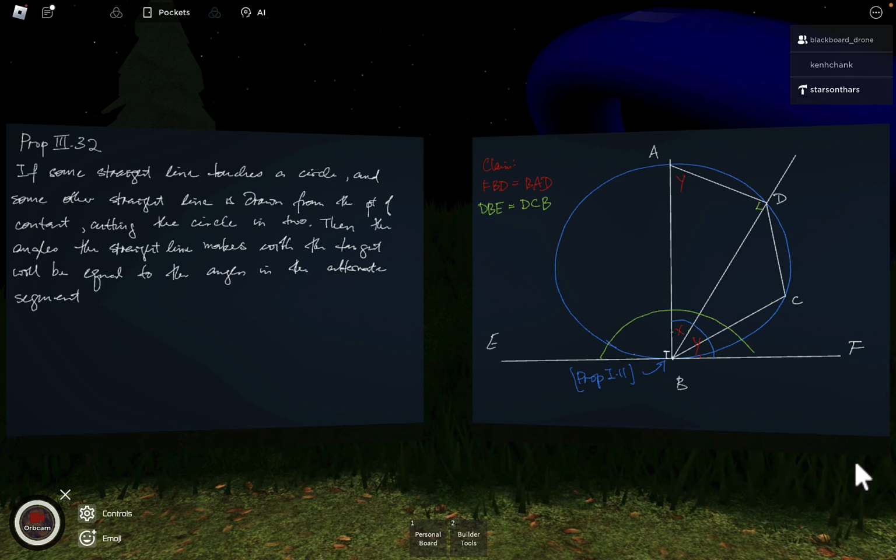If you have a line through a circle which is not a diameter, then the smaller segment has the larger angle. And prop 32, which we did last time, as you can see in this diagram, is saying that if you have an angle, in this case DBF, this is equal to the angle in the alternate segment, if that's the right language?